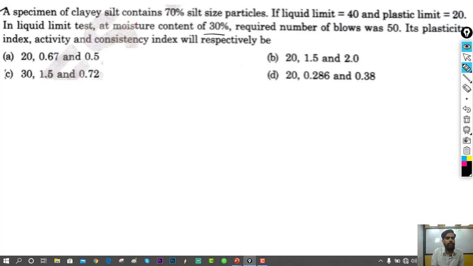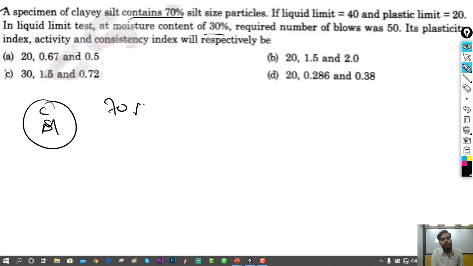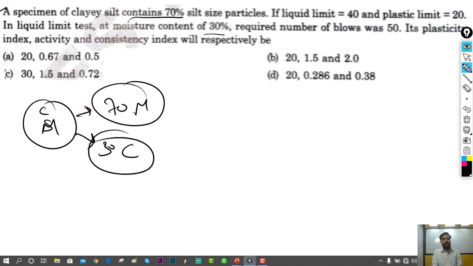So what is given is a specimen of clay silt. We have a mixture of clay and silt, out of which 70% is silt. So the remaining 30% is clay. In this soil sample, the remaining 30% is clay.